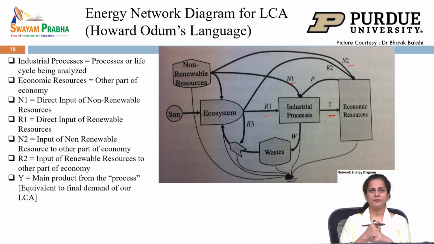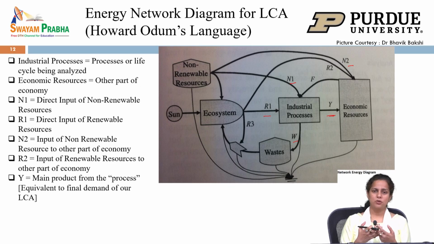So, once you have this kind of network diagram in your view, you can understand that the whole life cycle of your system is interacting with the economy and the availability of renewable and non-renewable energy sources that we are extracting. Of course, the waste is going in the waste box. So, this is what we call Howard Odum's language, because this is derived from how the energy flows in the ecological system.